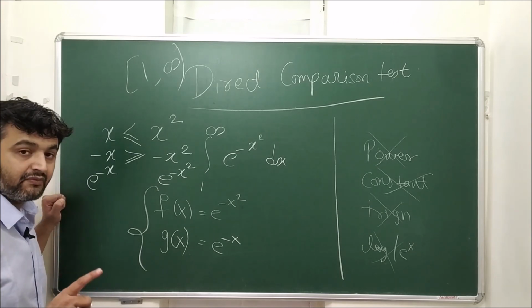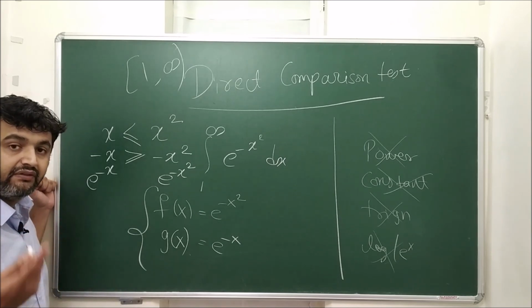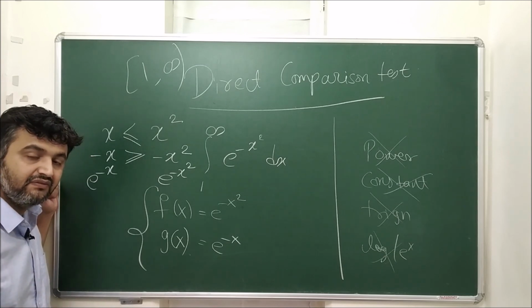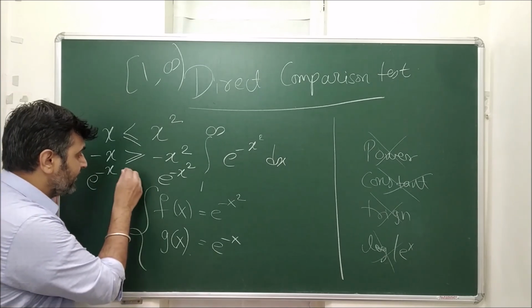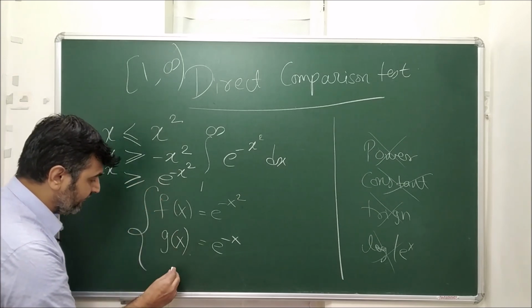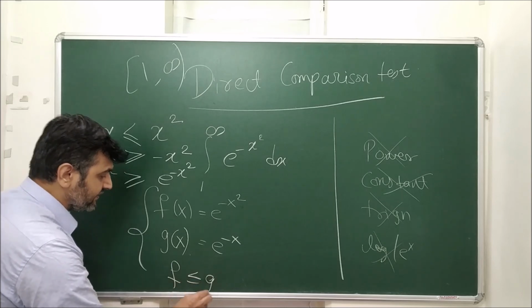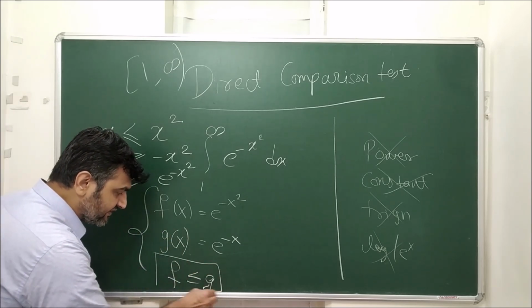It will remain the same. Why? Because the exponential is an increasing function: the derivative of the exponential is the exponential itself, which is always positive, and for an increasing function the inequality remains the same. So I have f less than or equal to g. That's the relation between f and g.